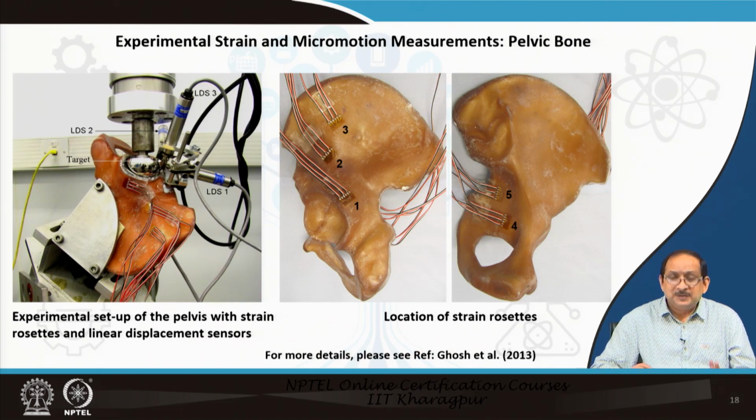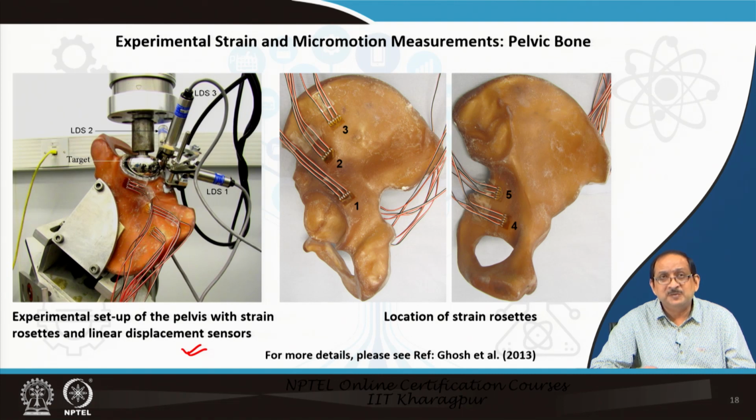Now, let us discuss experimental strain and micromotion measurements on a pelvic bone. On the left, you can see the experimental setup of the pelvis with strain rosettes and linear displacement sensors.